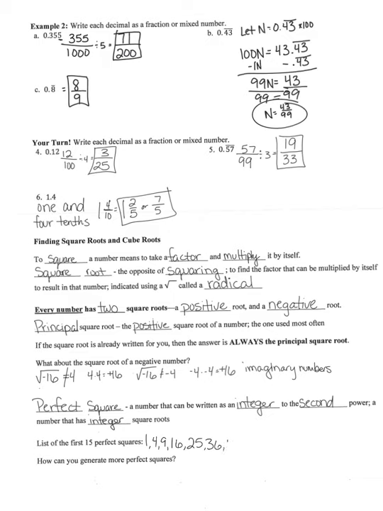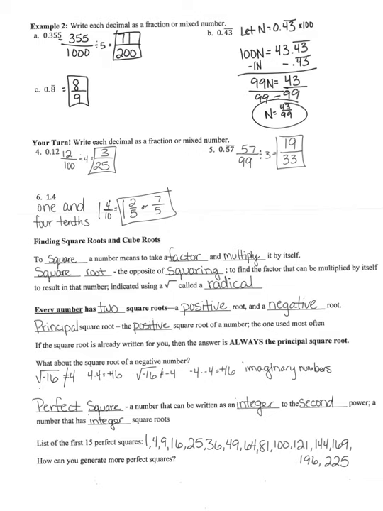And so on. 7 times 7, 64 is 8 times 8. 81. 10 times 10 is 100. 11 times 11 is 121. We've got 144. 13 times 13 is 169. Then our last two here, we've got 14 times 14 and 15 times 15. So these are the first 15 perfect squares.